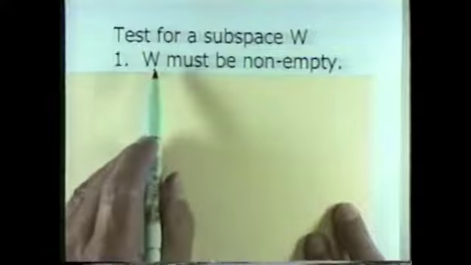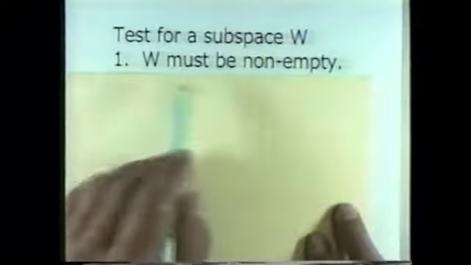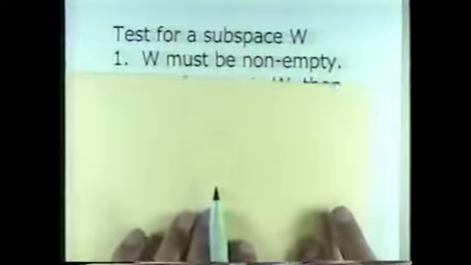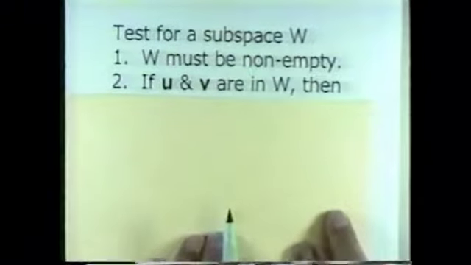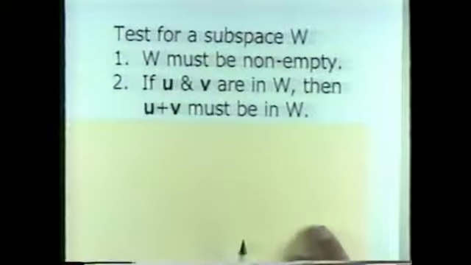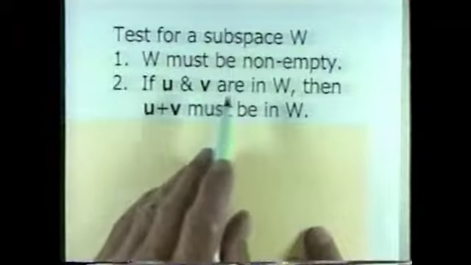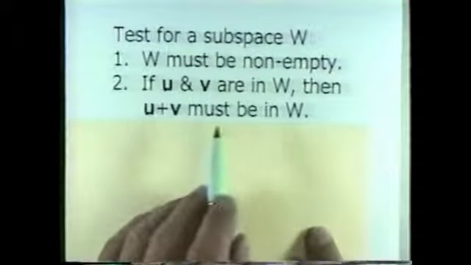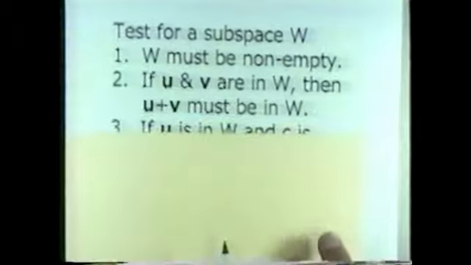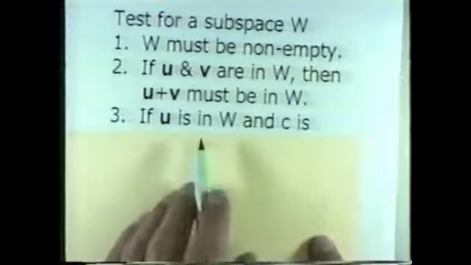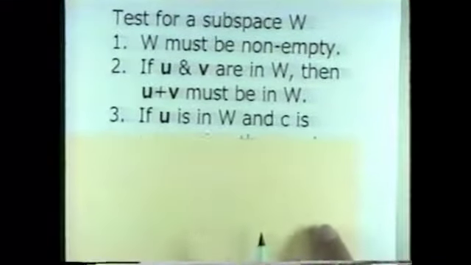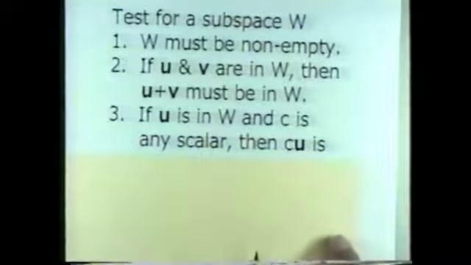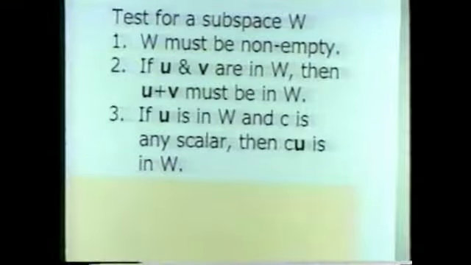First of all, we need to make sure that W is non-empty. In other words, it's got to contain something. Second, we've got to show closure of addition. If U and V are in W, then U plus V must be in W. And we've got to show closure for scalar multiplication. If U is in W and C is any scalar, then CU is in W.